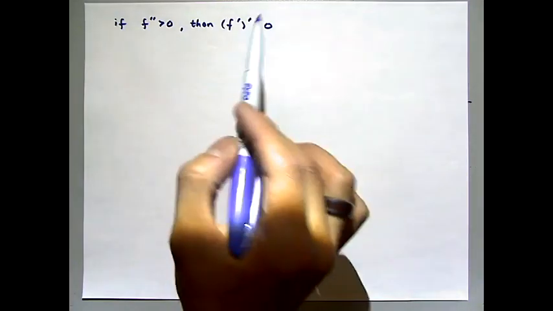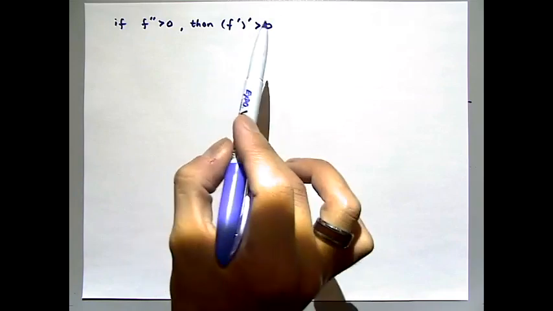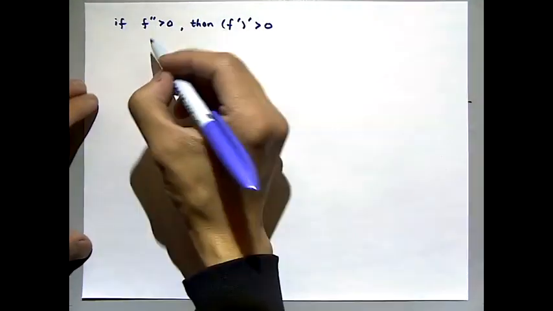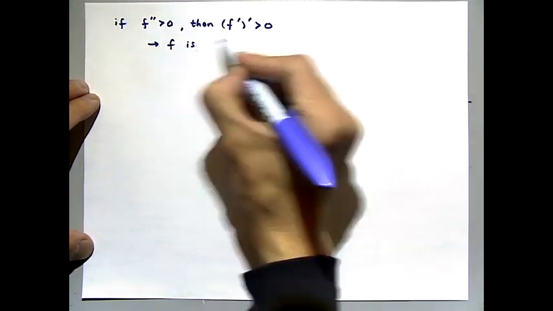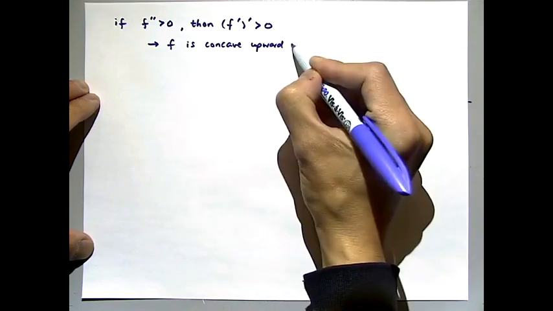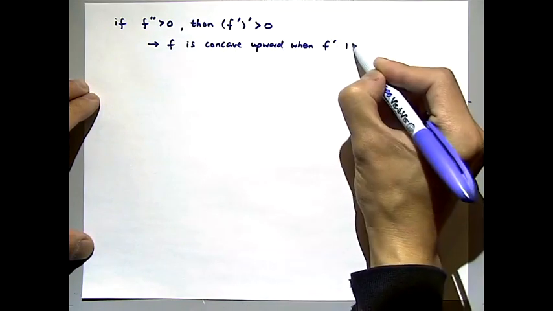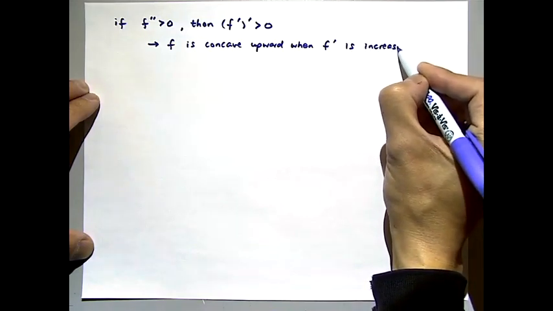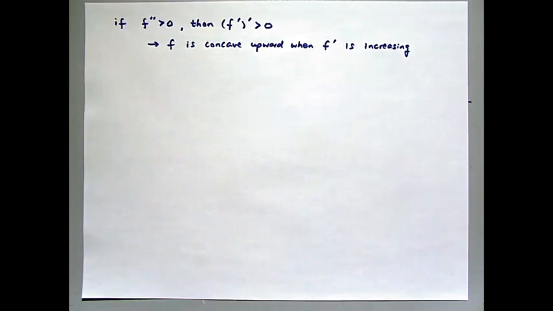Okay, so this tells us that when the graph is concave upward, it is also when the slope of the tangent line is increasing. Therefore, if you're given a graph of f prime, you look for when f prime is increasing. That can tell you the interval on which f would be concave upward, even if you don't have the graph of f.